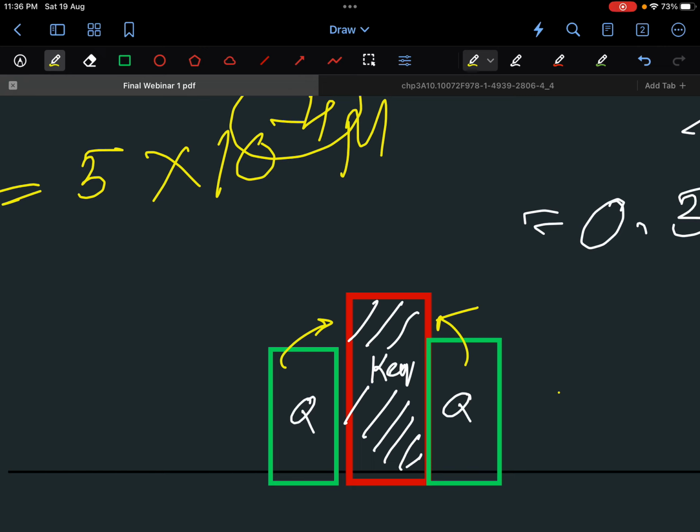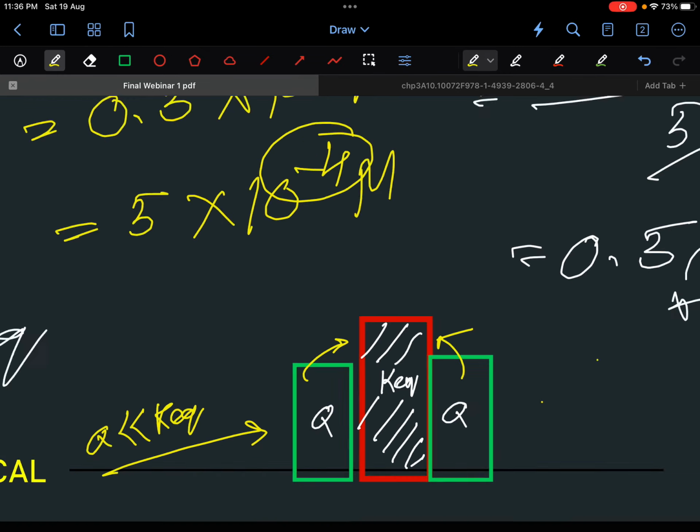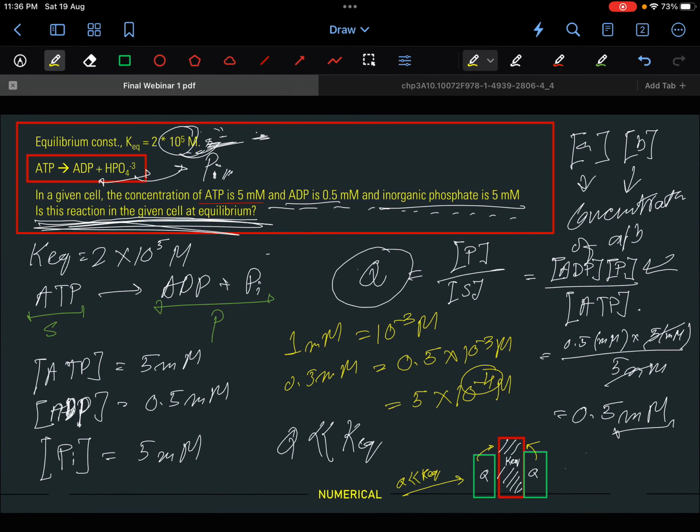In this case, our Q is much less than K equilibrium, so the reaction will proceed in the forward direction, that is, more ATP will be produced in this cell under these conditions.